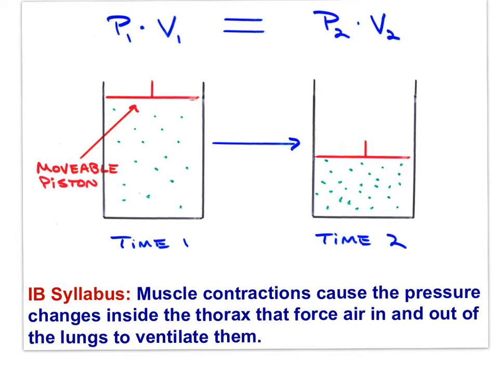Now, abdominal muscles, rib muscles, and the diaphragm cause the volume of the thoracic cavity to change. In turn, when the volume changes, the pressure within the cavity changes. This forces air in and out of the lungs, and this is ventilation. Here's the IB syllabus statement. Muscle contractions cause the pressure changes inside the thorax that force air in and out of the lungs to ventilate them.